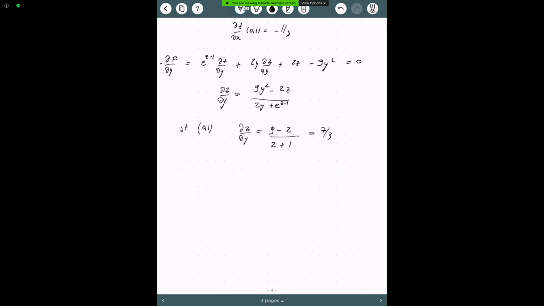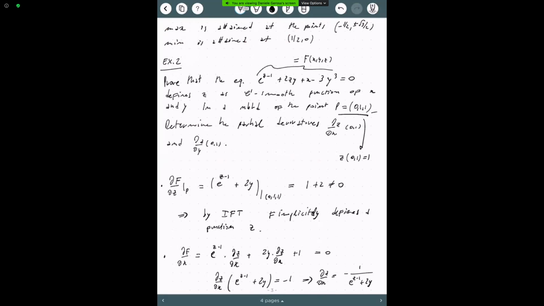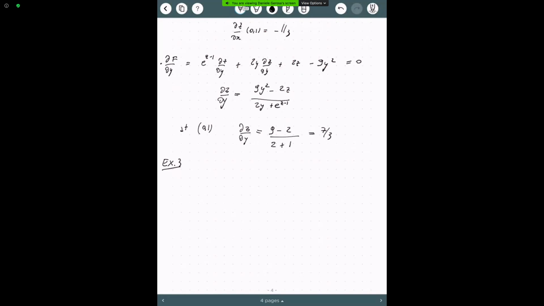Number 3, we have to calculate a couple of integrals. So calculate the following integrals.